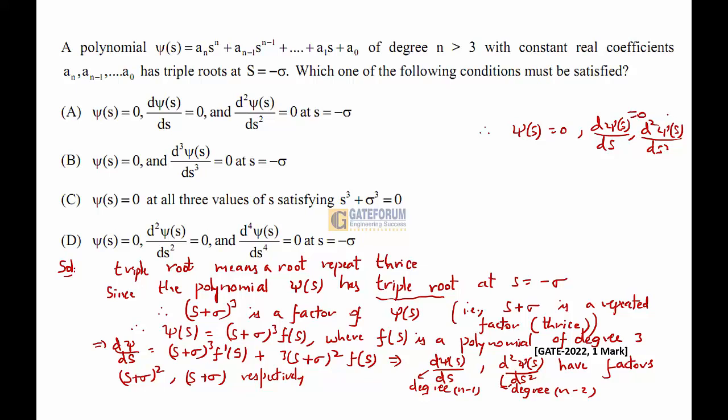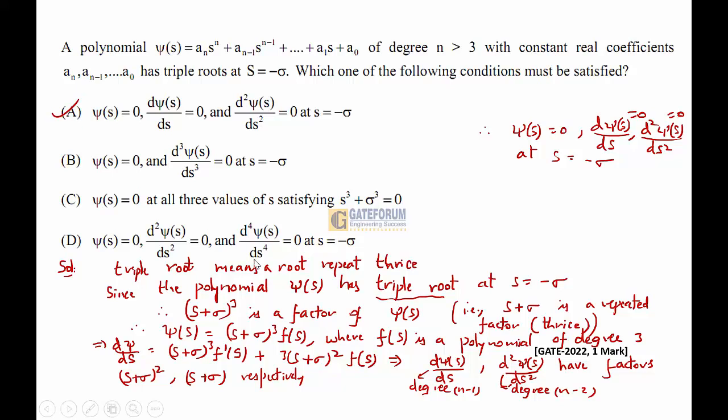See, if you put s is equal to minus alpha, psi of s is 0. Similarly, d psi by ds is 0, and d square psi by ds square is also 0. So this is the answer. Accordingly, this is option A.